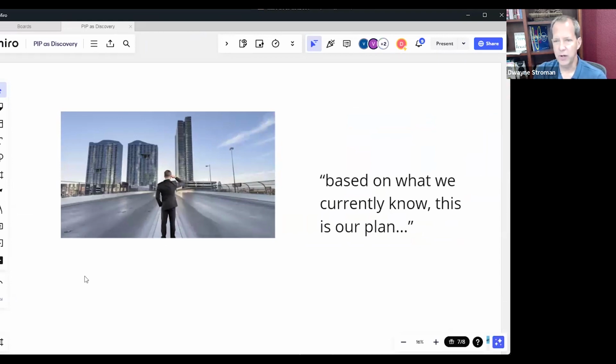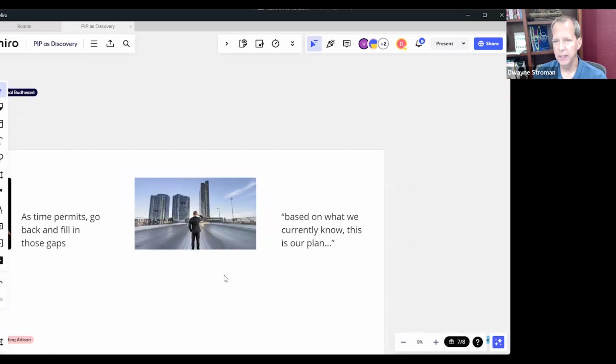Yes, it's still a draft plan. Even on day 2, it still has some assumptions, some gaps, things like that. But what we're saying is, based on what we currently know, this is our plan. Now, the one thing we know about a plan coming out of PI planning: it will change. Guaranteed. It's wrong. And that's okay. It's okay because it's enough for us to get started and start learning.